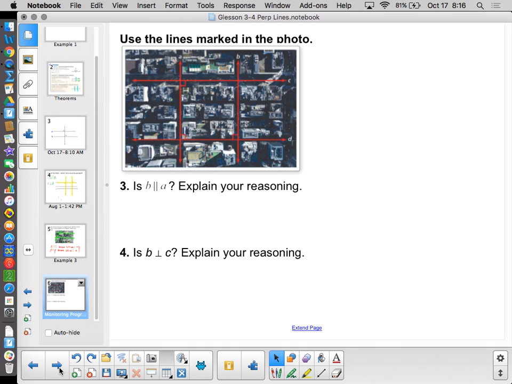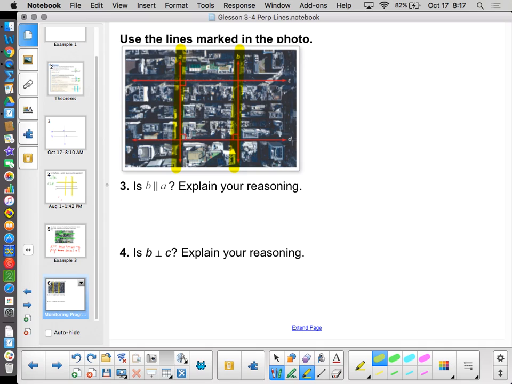Similar picture. Is B parallel to A? Let's take a look. Here's B. Oh, the green highlighter didn't work so well there. Let's try again. Let's try the yellow one. A little better. There's B. There's A. Is there a transversal that is perpendicular to both of them?